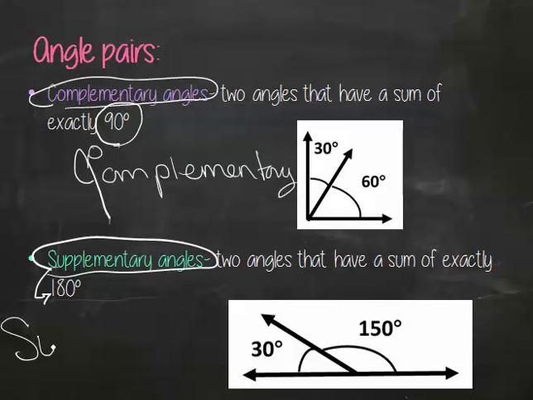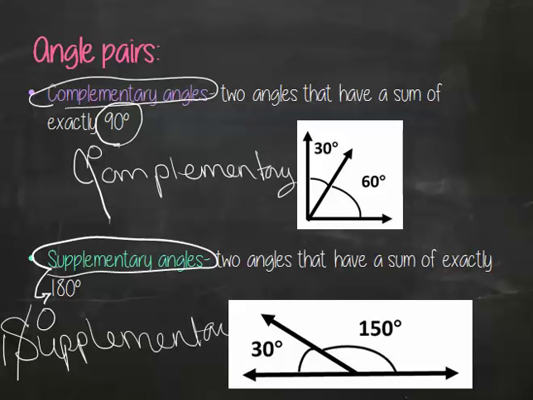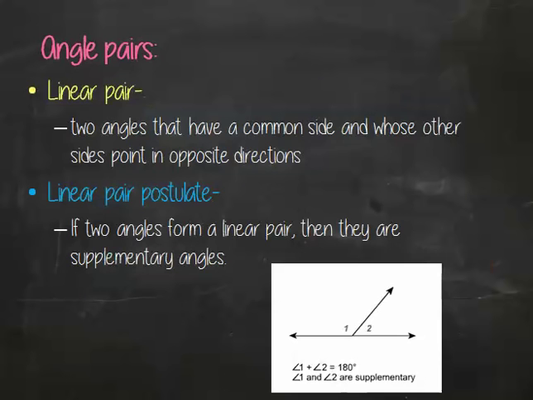And then supplementary, when you draw a line through the S, it makes an 8. Add the 1 and the 0. That's the only trick that I have for you to remember it. 90 is complementary, 180 is supplementary.